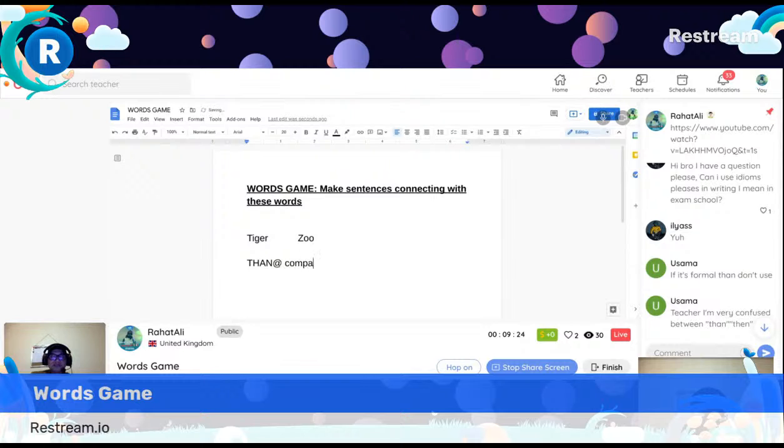We use "than" for comparing between two things, objects, adjectives, subjects.